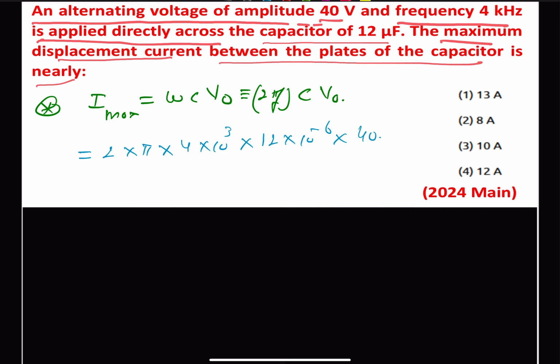And this will be giving us that I max is approximately equal to 12. So option 4 is correct.